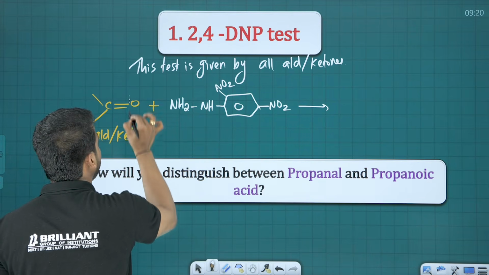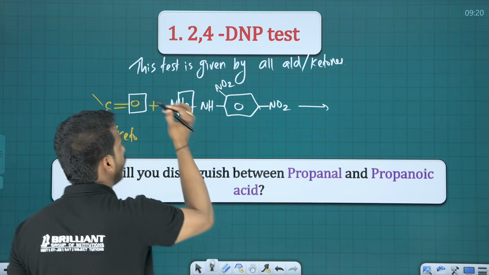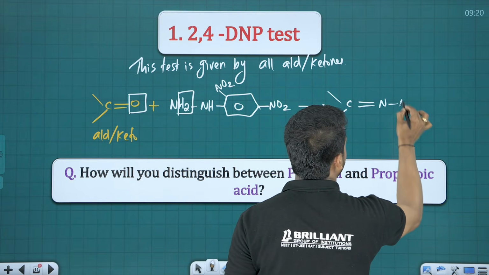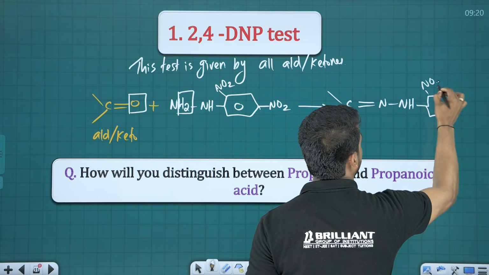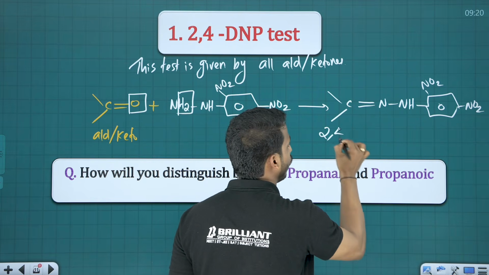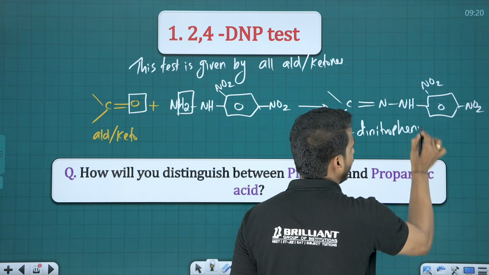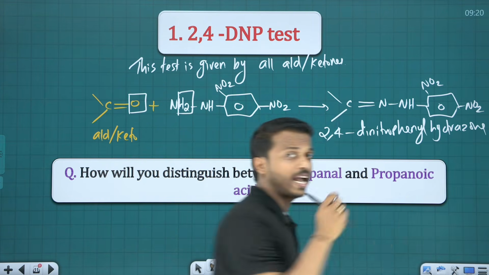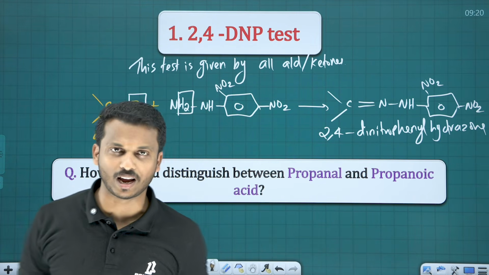What is the reaction? Very simple. Take the oxygen from the aldehyde or ketone, take the H2 from the compound, remove water, join them. C double bond N, NH, then there is a phenyl ring. Second and fourth position we have 2 nitro groups. The product is called 2,4-dinitrophenylhydrazone.